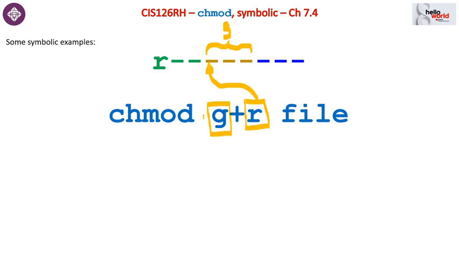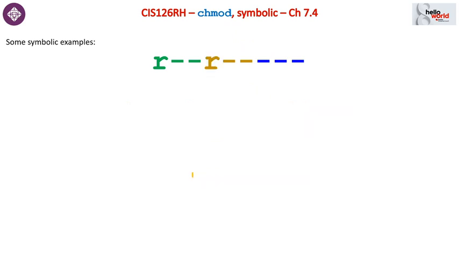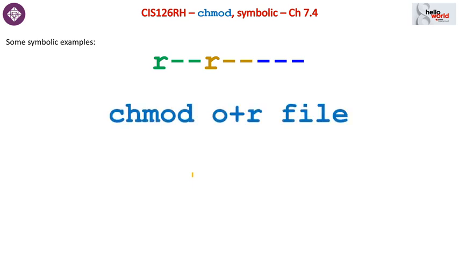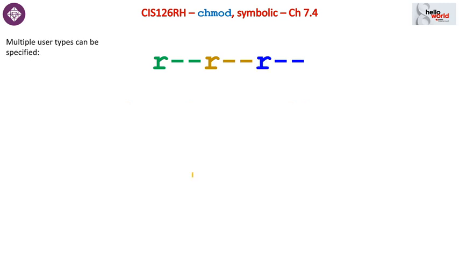And so the question is, given this and given this, I should have R dash dash, R dash dash, dash dash dash. So now we have that, and we execute this command. And what do you think we're going to get? R dash dash. Okay, so now we have that.